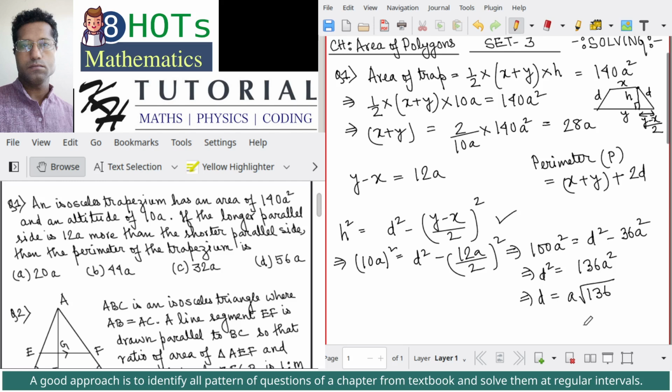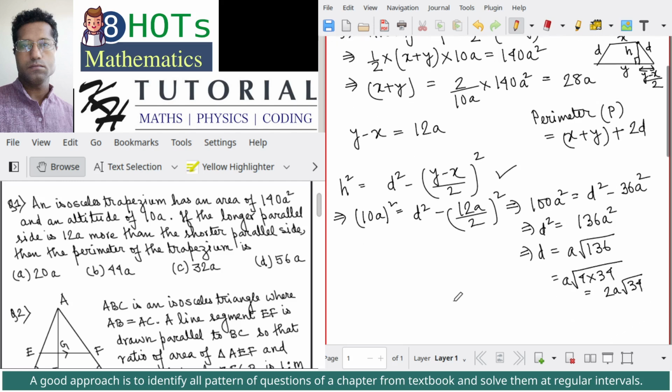Okay, so now what will I do with root over 136? This is 4 multiplied by 34, I guess. So this is 34, 17 into 2. So this is 2a root 34, a very weird figure, but anyway, d is this.